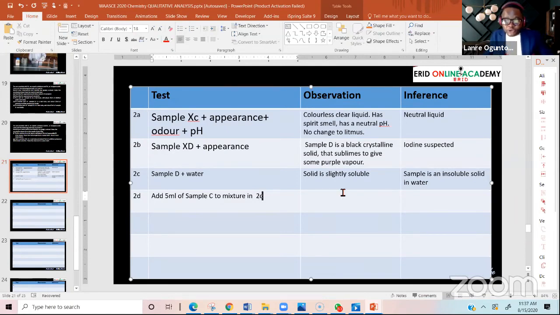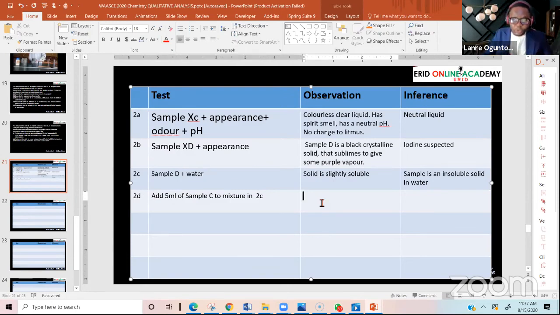The mixture in 2C is just your iodine and water. If you add 5 ml of your sample C to it, your sample C is an organic solvent, right? It's an alcohol. We have looked at that. So what do you think your observation will be?